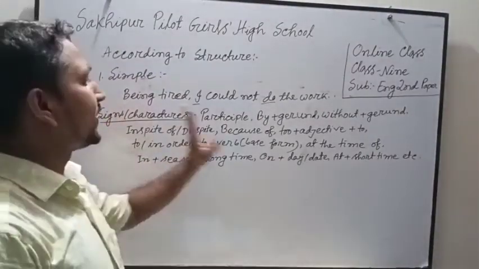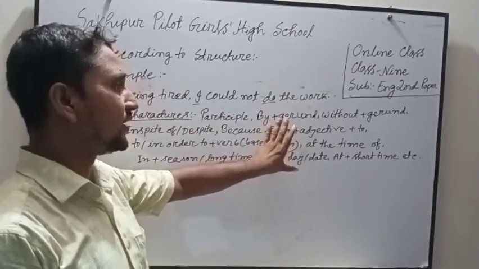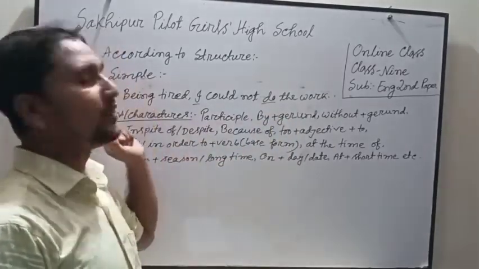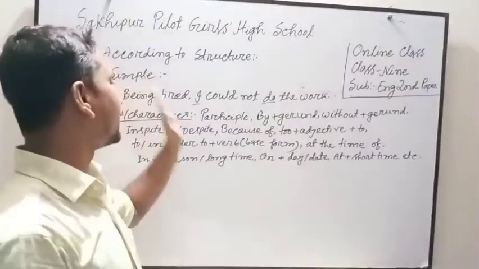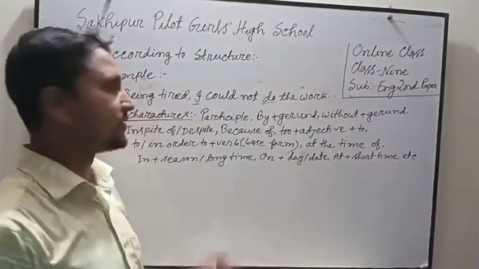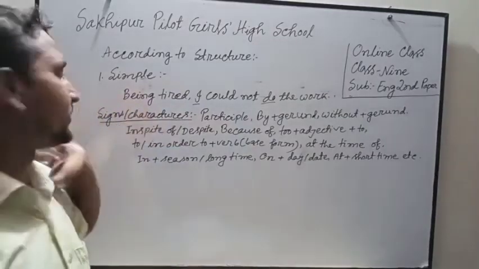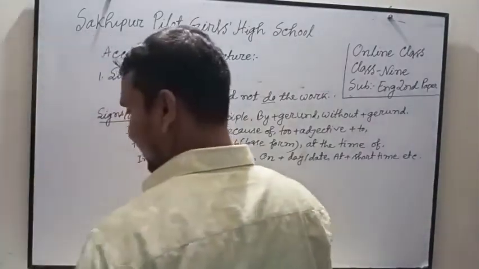If the sentence begins with these things, we can call it a simple sentence. Suppose, being tired: being here is a participle. Okay, come to the next sentence.